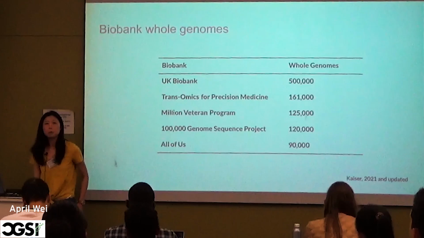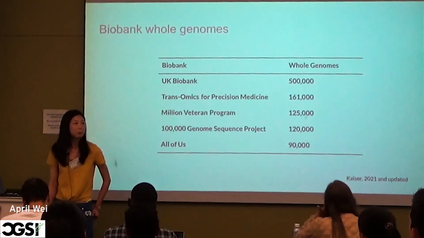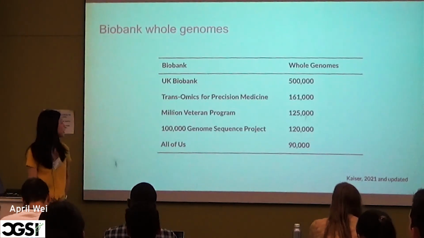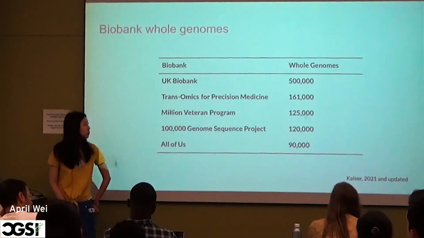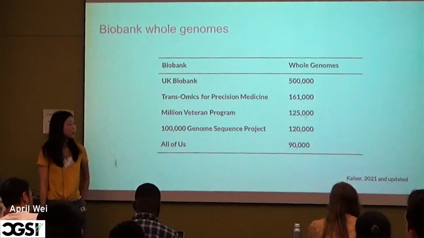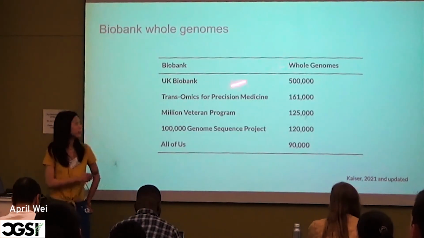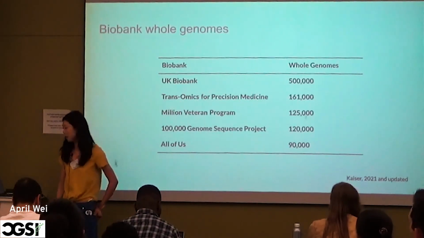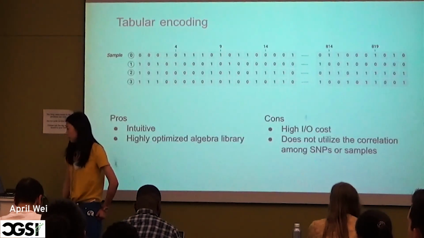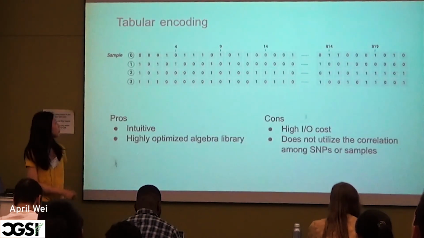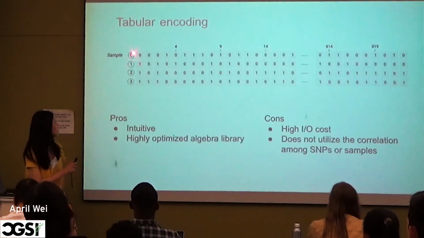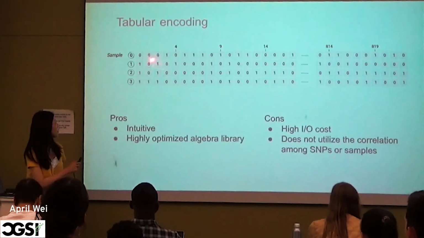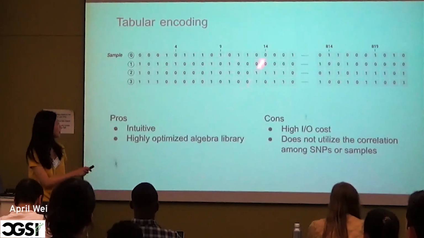So why do we think we need a different type of representation for this phased data? That's really because we're starting to have more than 1 million whole genomes, with UK Biobank as the leading resource, but the other biobanks are also catching up. Conventionally, we use a tabular encoding, which is pretty much a matrix of sample genomes and genetic variants at different positions.